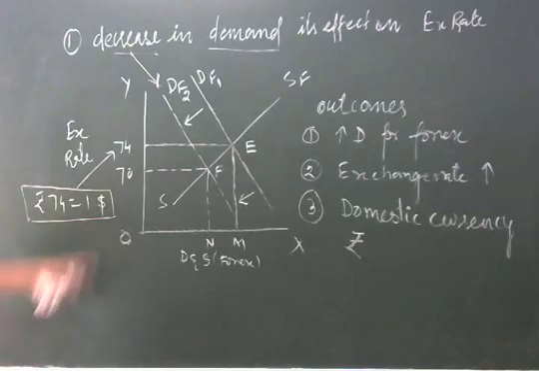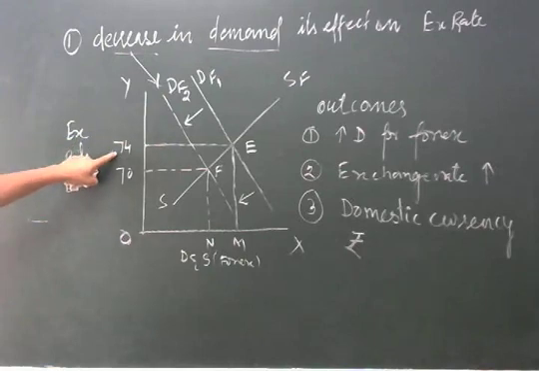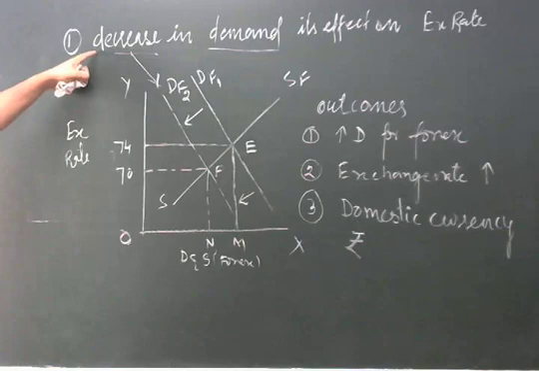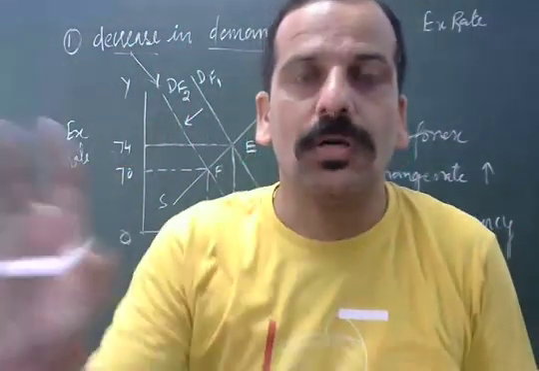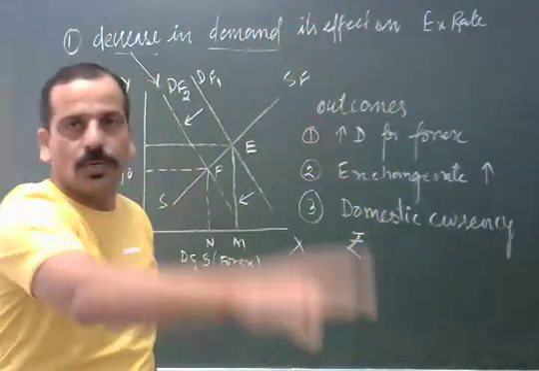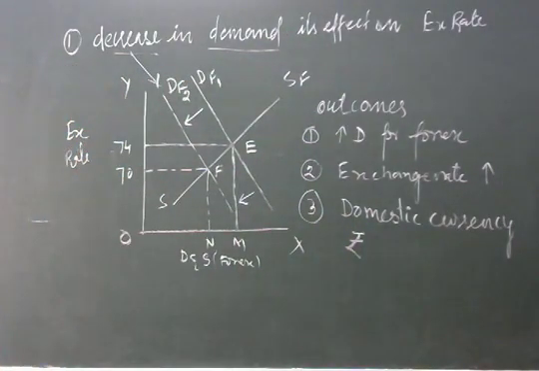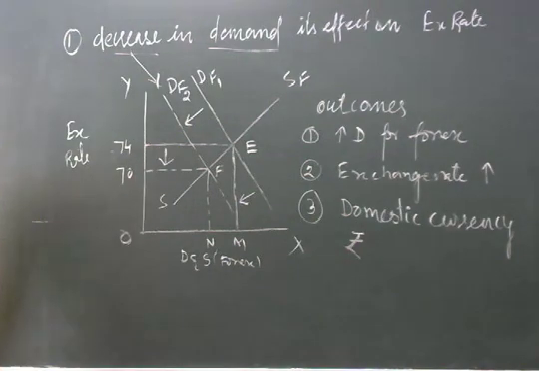So now see, earlier it was 74 rupees, meaning you had to pay 74 rupees to get $1. But there is a decrease in demand for the USD now. Demand is falling for the international currency. When it falls, the exchange rate will also fall.